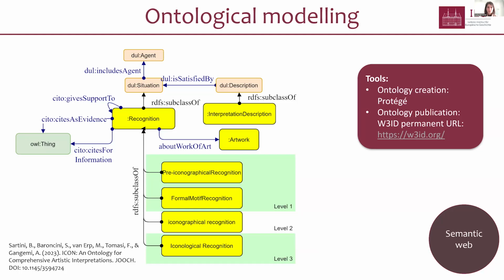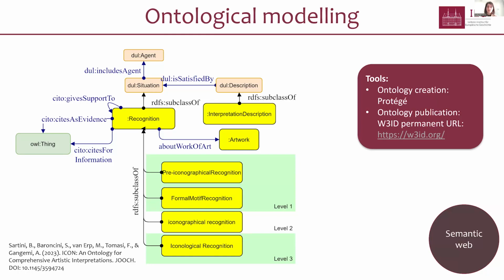Just to give you a brief idea, this is a part of the ontological modeling. As you can see, it reflects the 3 levels of interpretation. So there is a class called recognition that is a superclass of recognitions in each level of interpretation.